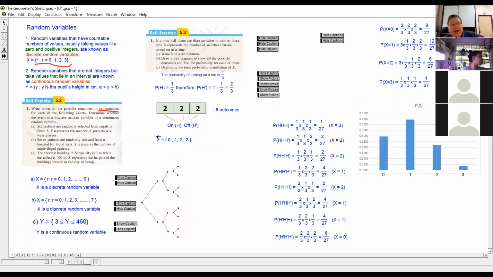That's why we have X equals 0, 1, 2, 3. So the number of fans that are on is a discrete random variable. What is this X? X is the number of fans that are turned on. So you can have 0, 1, 2, or 3 fans turned on. Okay, right? So X represents the fans that are turned on. Any questions so far?